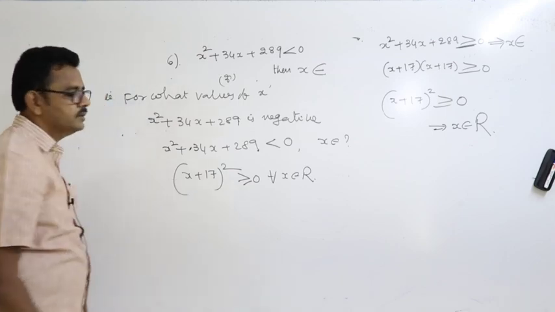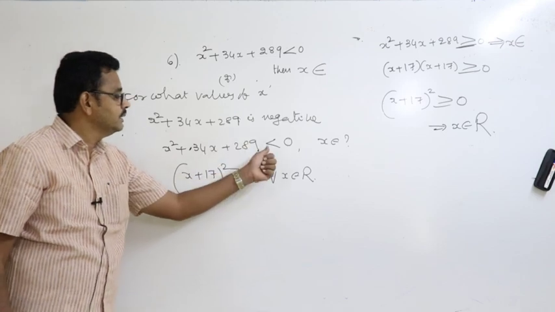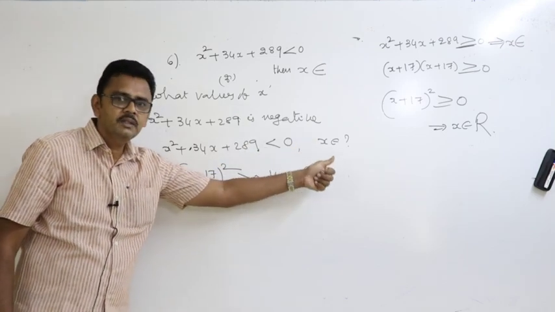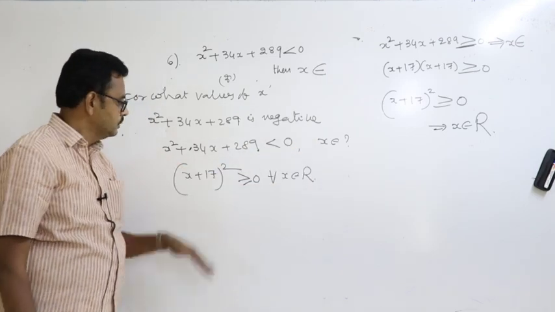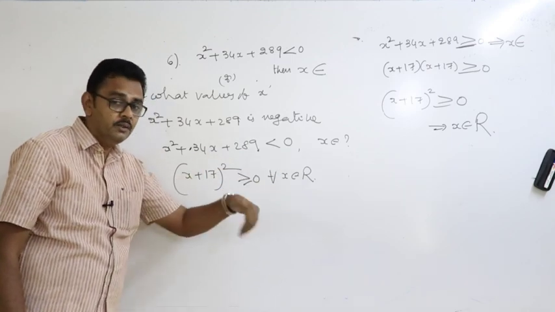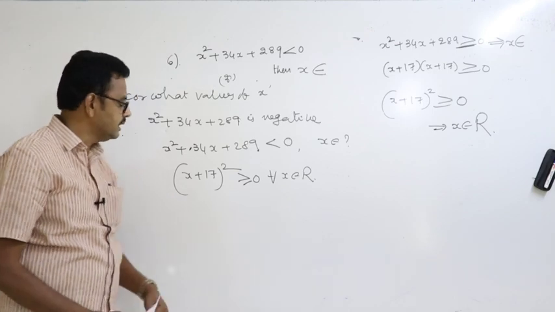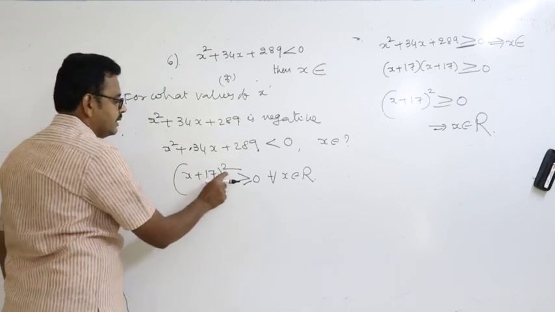Negative for what values? I am asked, see here, the question is: is it less than 0 for what values of x? The expression is greater than or equal to 0 for all x. Negative for what values? No values of x, because this is always greater than or equal to 0.